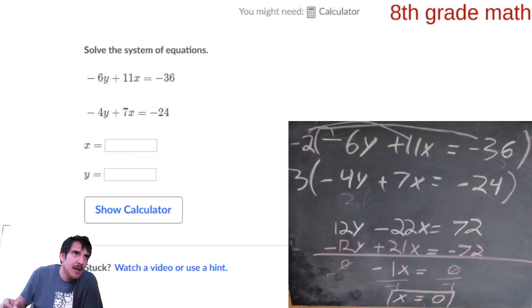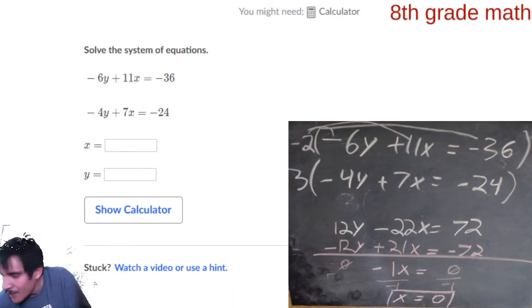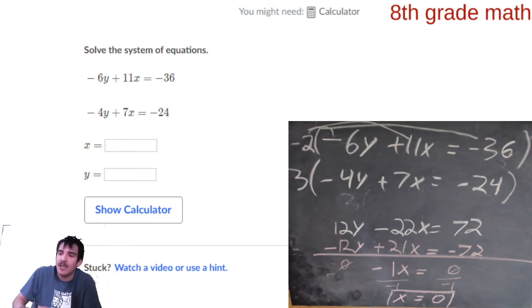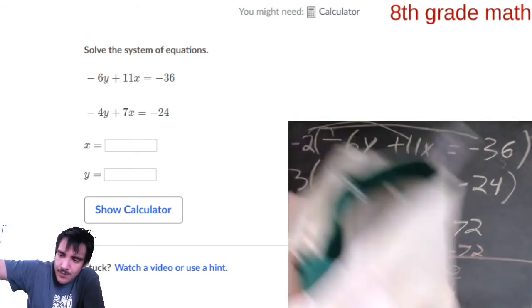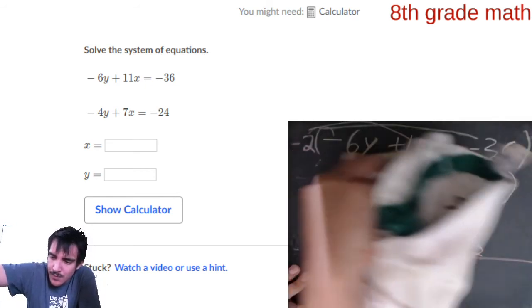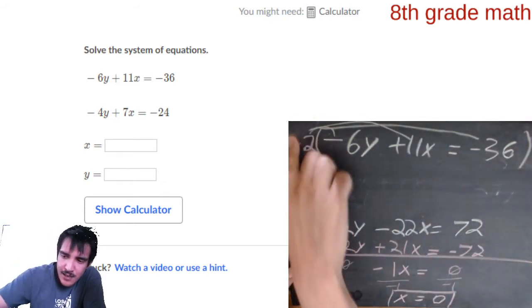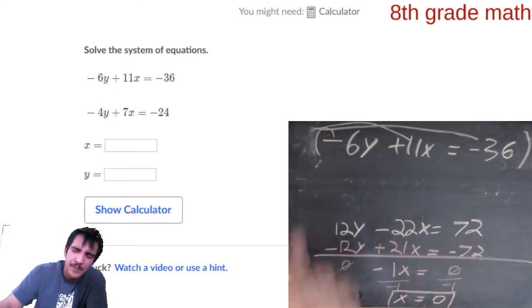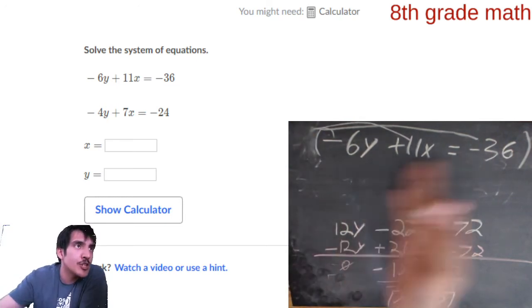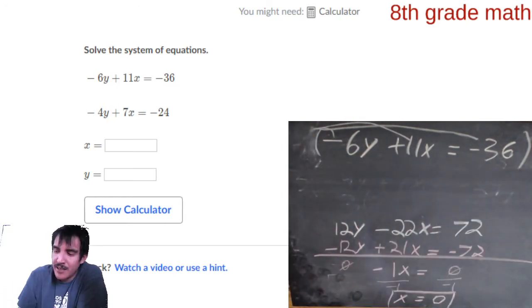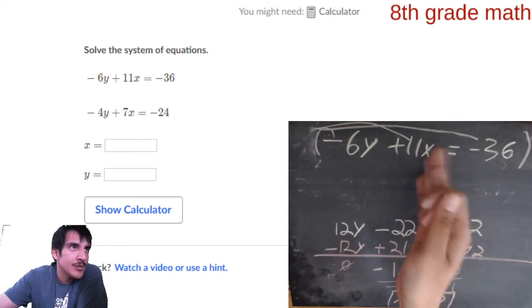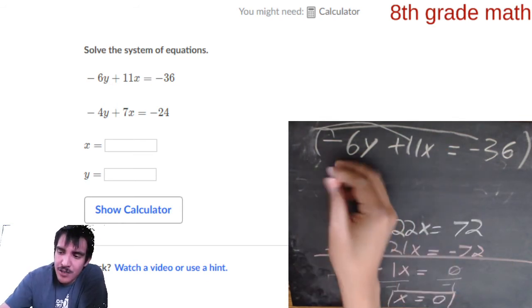Okay? I'm going to substitute it into the first equation. Let me just erase that. Let me just make some room here. Okay? So here's our original equation. And I'm going to take this x equals 0 and put it into the equation. So let's see.